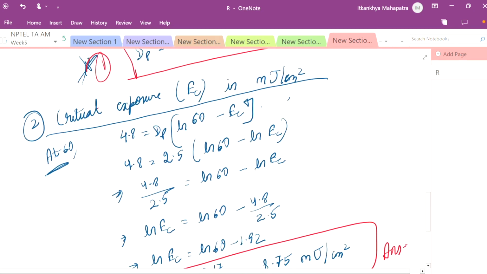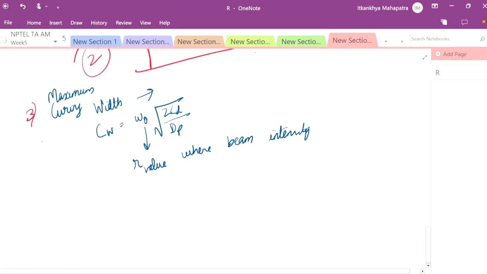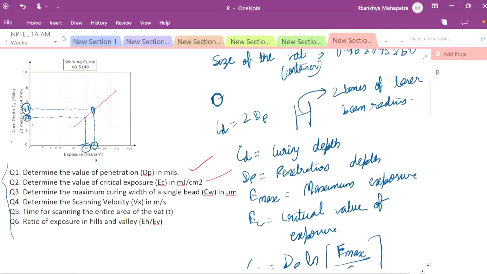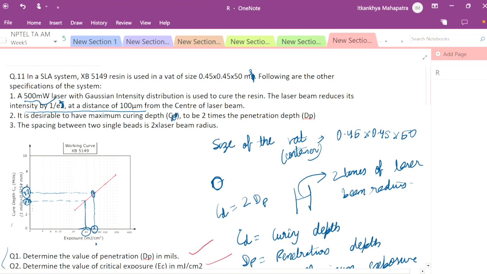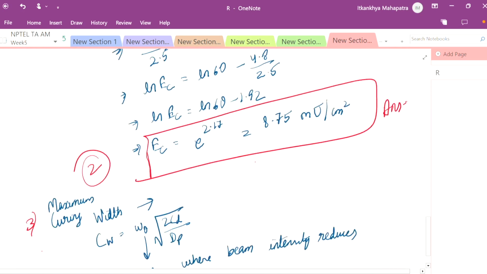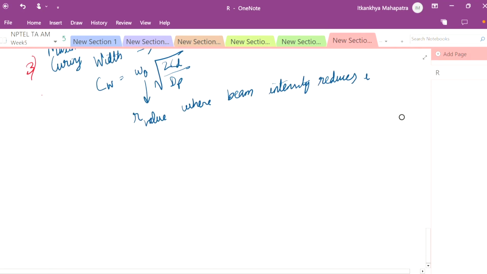So this is the R value where beam intensity reduces by 1 by E square. I hope you are clear.